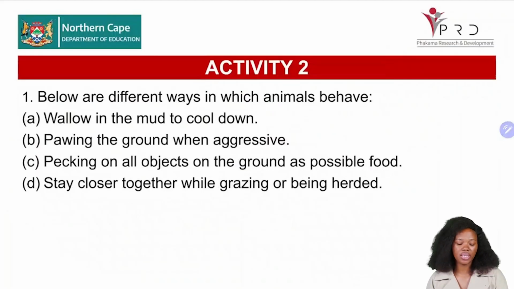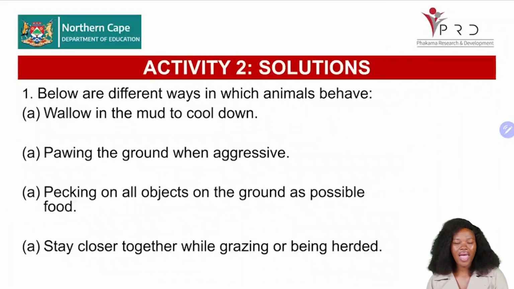Right, welcome back, learners. Now let us look at our second activity of the day. Below are different ways in which animals behave under distress or during poor handling, when they are being handled incorrectly. A, wallow in the mud to cool down. When the temperature is high, there will be pigs.